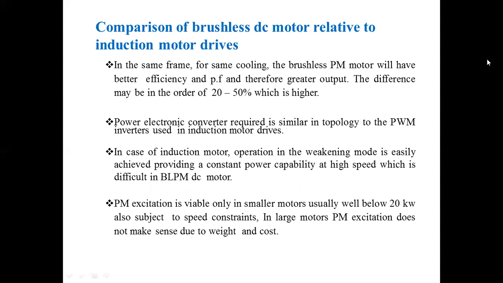Next one, we come across this comparison of the brushless DC motors relative to the induction motor drives. Why are we talking about induction motor drives compared to brushless DC motors?